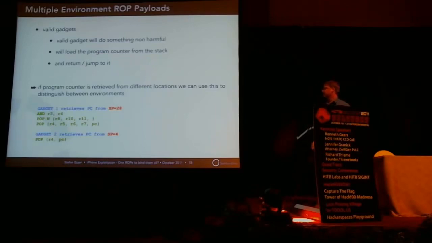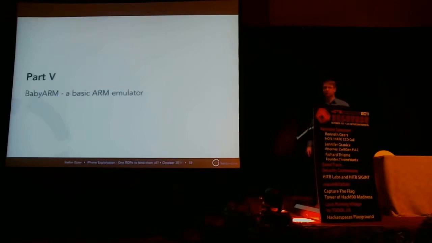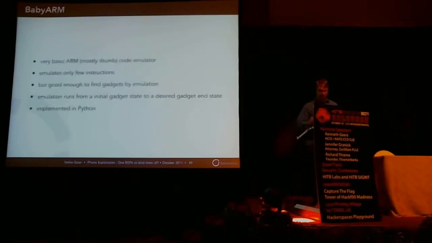So I tried that with a dynamic linker, and after half a day I found a solution that was nice, and I thought, well, let's automate that. So I wrote a little ARM emulator, which I call the baby ARM, because it's a very, very basic ARM emulator. This means it only emulates a few instructions, mostly only the thumb instructions.